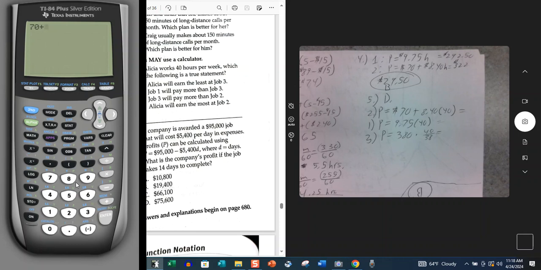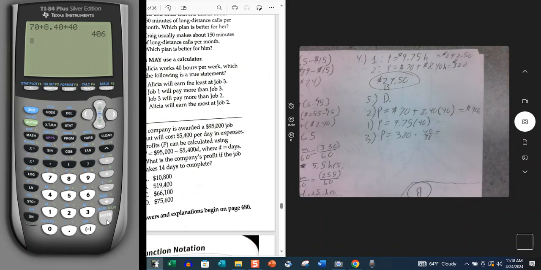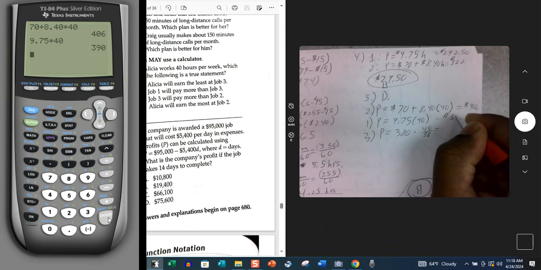So we have 70 plus $8.40 times 40. So that gives us for job 2, $406. So now we go to job 1, which is 9.75 times 40. And that gives us 390.